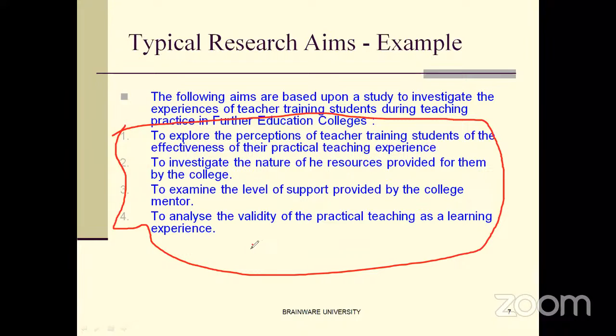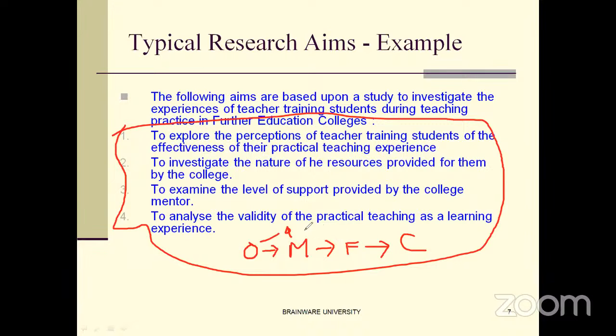There is a relationship between objective, then methodology, then findings, and then conclusion. And what we do as supervisors is deal with it mathematically. Suppose there are 4 objectives. For 4 objectives, there are 2 or 3 or 4 types of methodologies used, and there are certain findings.